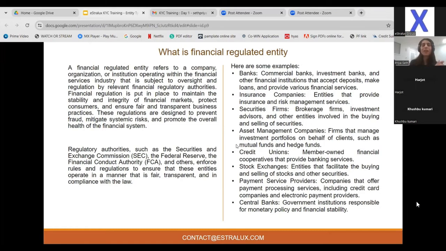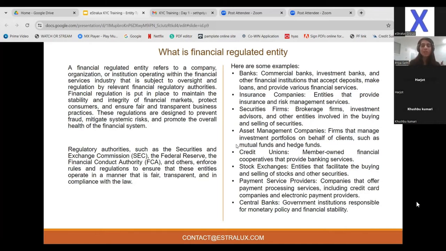For example, in India, RBI regulates; in the US, the Securities and Exchange Commission or the FCA regulates. Don't stress yourself about what these bodies are, I will be telling you. It is just an example, because in the US there are n number of regulation bodies and in other countries as well, you cannot remember them all. You will always have a link or an SOP where, if you know it's a US entity, you can see who the regulators are and search whether your entity is regulated there or not.